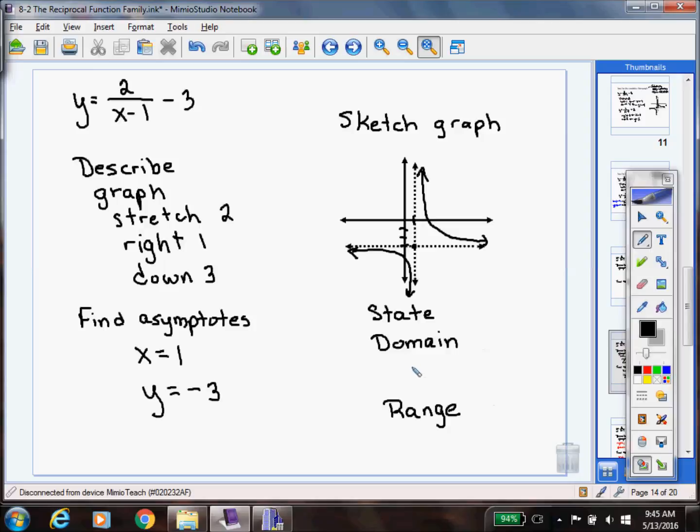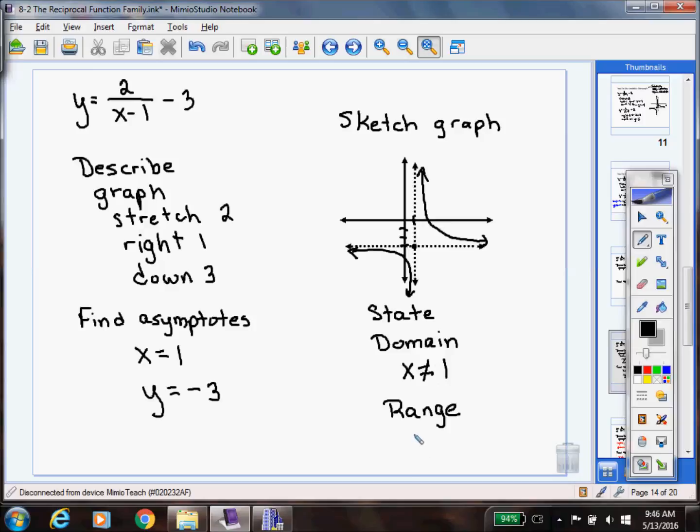Now remember, the domain is what x is not allowed to be. So we say that x can be anything, but x is not allowed to be on the asymptote. X is not allowed to be 1. So we'd say x does not equal 1. And with the range, it's what values y is not allowed to be.